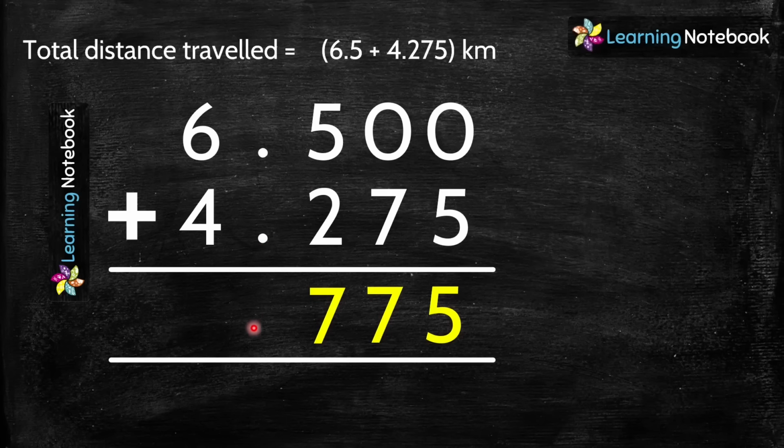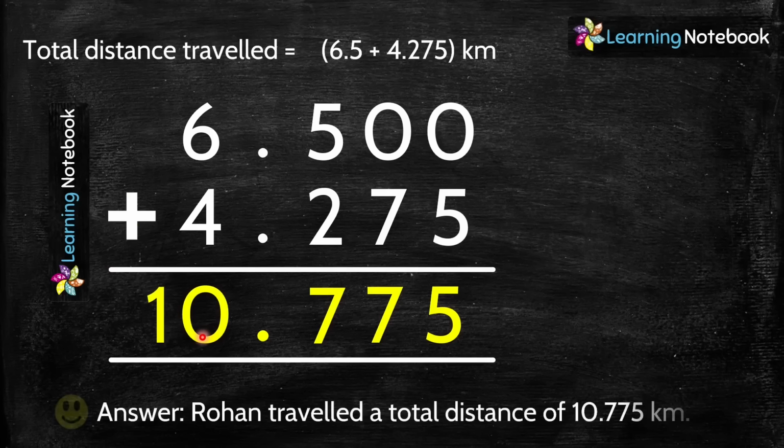Then put the decimal point in the answer and then add the whole number part. 6 plus 4 equal to 10. So answer is 10.775. Let's write the answer statement. Rohan travelled a total distance of 10.775 kilometers.